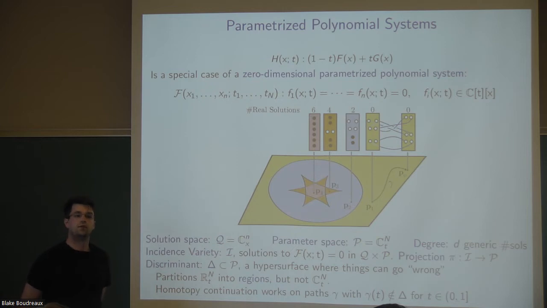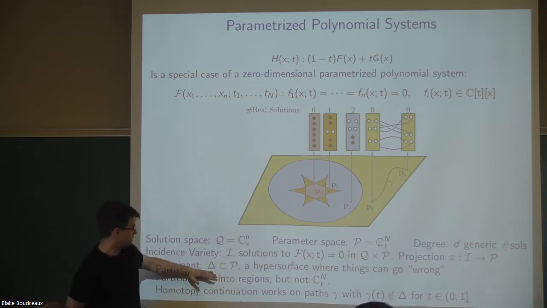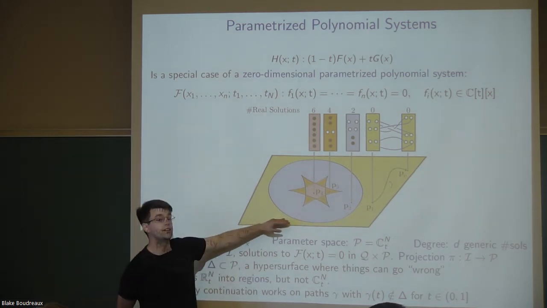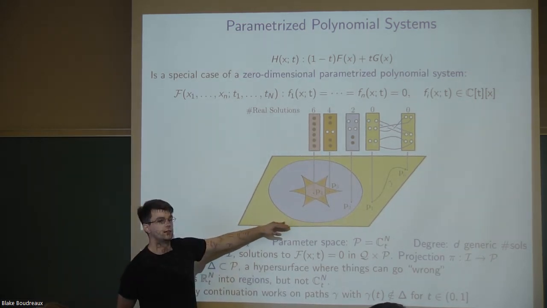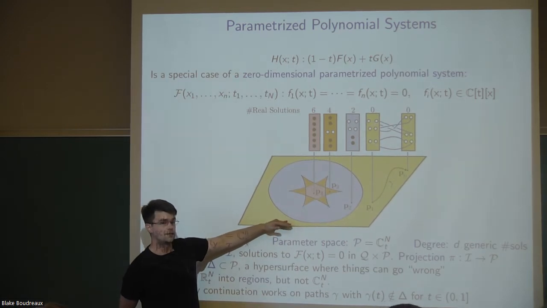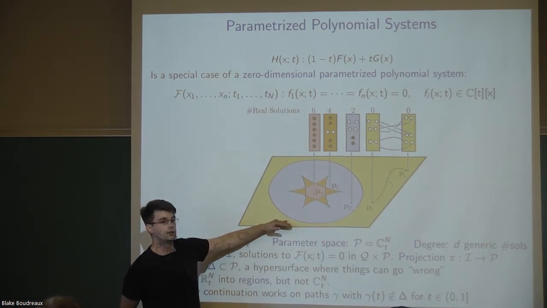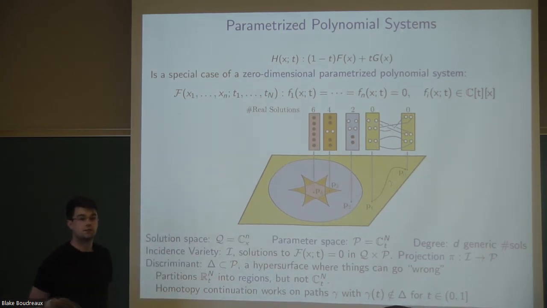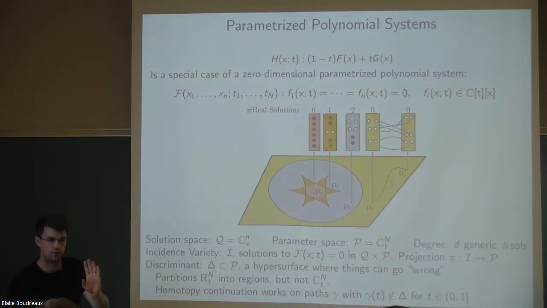Right? If I have a real hypersurface, I can have the complement be disconnected. So the discriminant is going to be a complex hypersurface. Its real locus could be a real hypersurface. It might not be. Let me do an example and then we'll see.